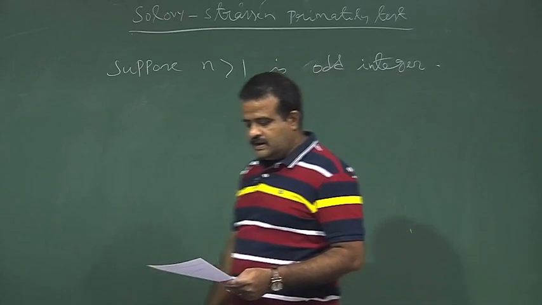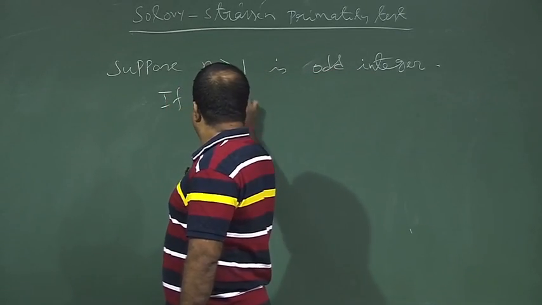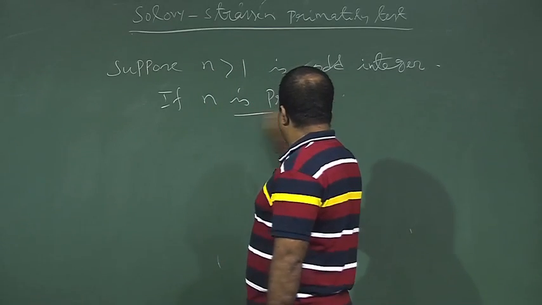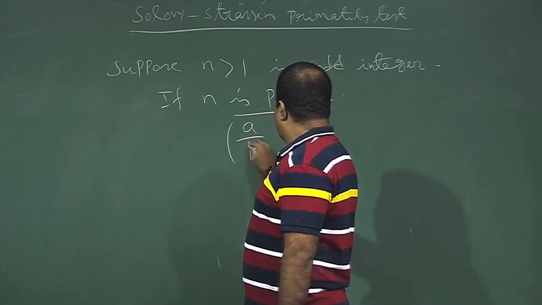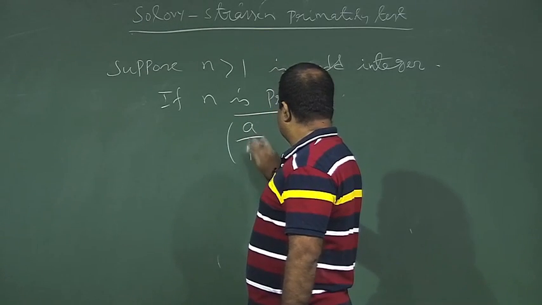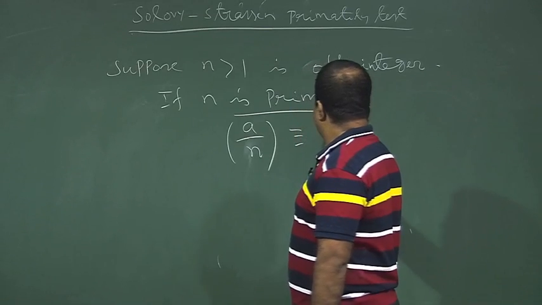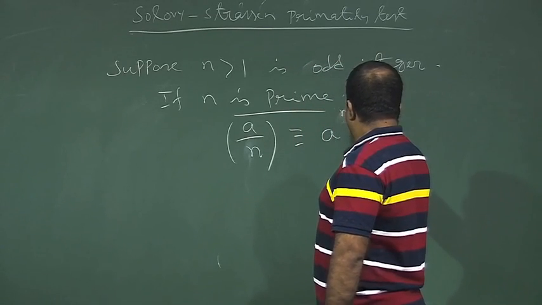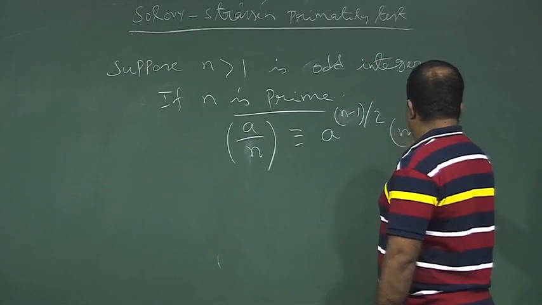Now, we know by Euler's criterion that if n is prime, then (a/n), which is then the Legendre symbol, is congruent to a to the power (n minus 1)/2 mod n.